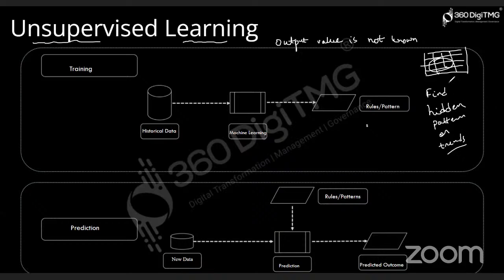Based on this property we try to form groups or clusters of records together.